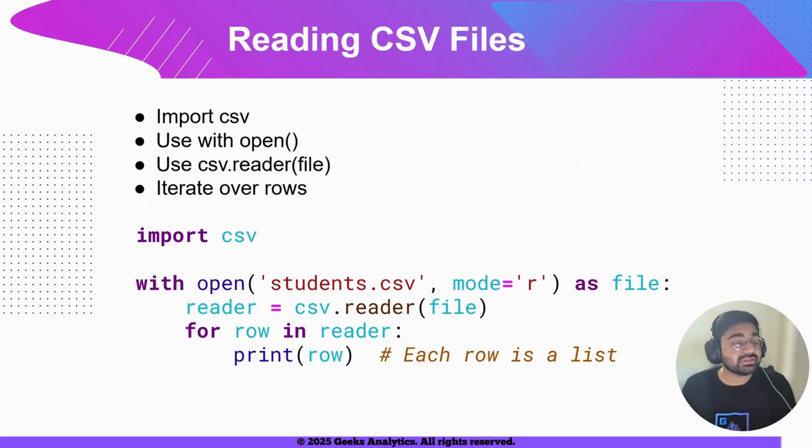Then reading a CSV file. There is an inbuilt Python module, the csv module, that allows us to read and write files. To read, we open the CSV file with the with statement. We import csv, and there is csv.reader, which captures all the CSV data, and we can simply loop over the CSV content being read, and each row represents a list element.